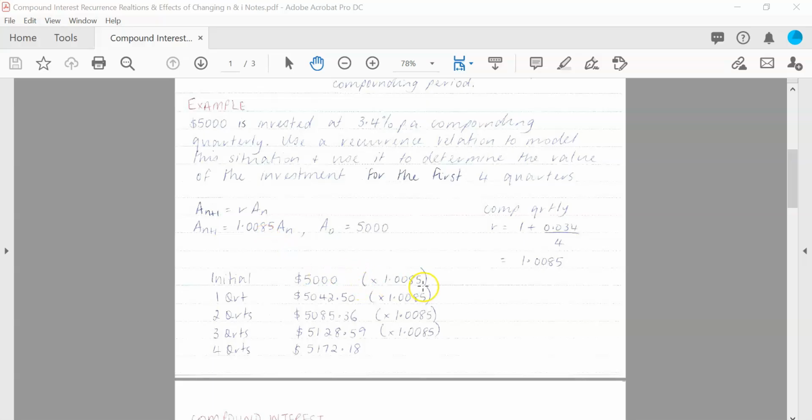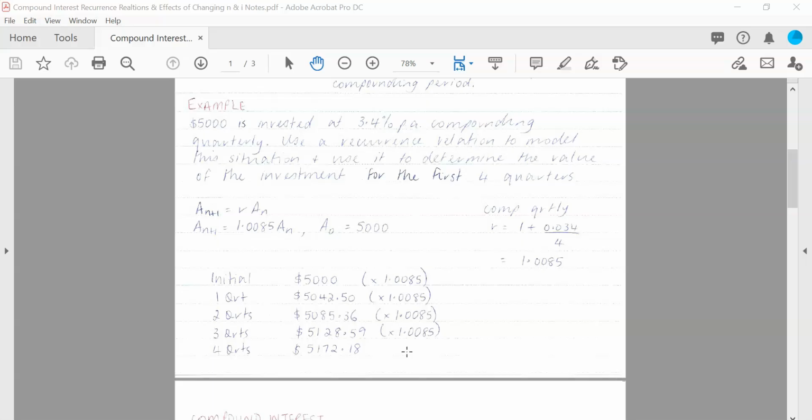So I've just put that bit in brackets. When I carry out that calculation, I'm working out the value of my investment after 1 quarter. To get the next term, I follow my recurrence relation again, which says to multiply by 1.0085 to get the balance after 2 quarters. Follow that same process again to get the balance after 3 quarters, and once again to get the balance after 4 quarters.